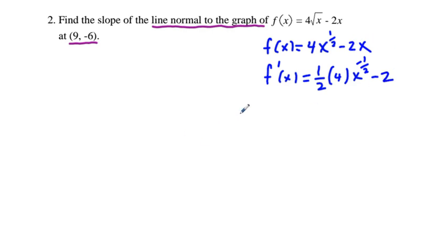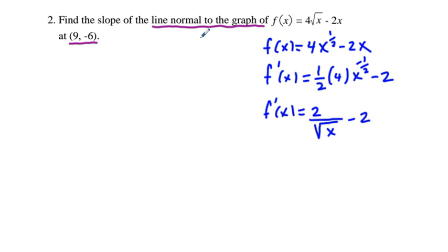So that's what we have, and just simplifying, we can write down f prime of x is equal to 2 over the square root of x, minus 2.